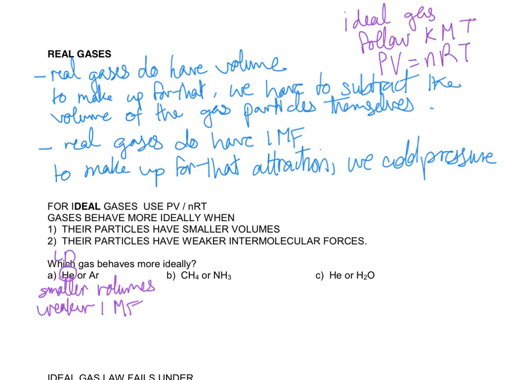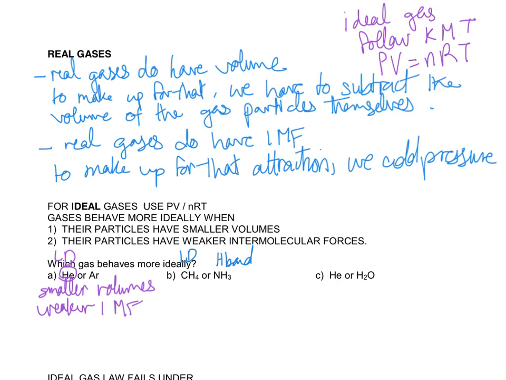So let's look at intermolecular forces next. CH4 is nonpolar. It has London dispersion forces, which are the weakest of the intermolecular forces. NH3 has hydrogen bonding, which is the strongest of the covalent intermolecular forces.